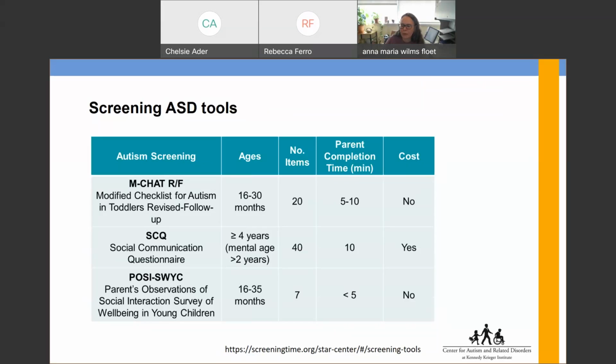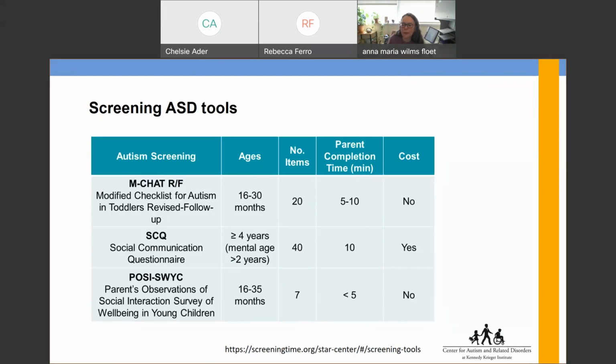This information is taken from an American Academy of Pediatrics initiative called screeningtime.org. I welcome you to take a look at that website. It doesn't only have screening tools for autism, but also for other developmental conditions and also mental health screening tools available. These are just three that I took from this website.